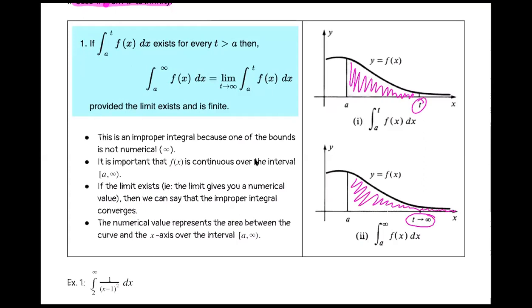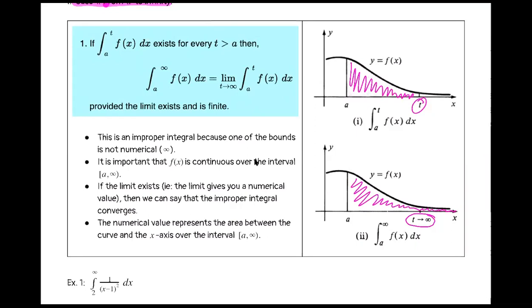All right, so let's read through this text on the left-hand side. If the integral from a to t of f of x dx exists for every t greater than a, and it's greater because we're moving towards positive infinity, so we want to move in that direction, then we can say the limit from a to infinity is going to be the same as the limit as t goes to infinity of the integral from a to t of f of x dx.